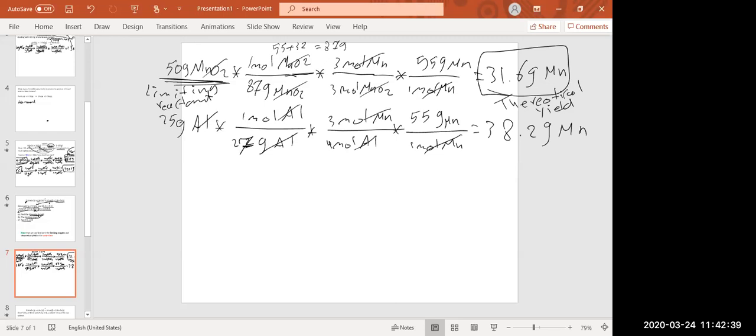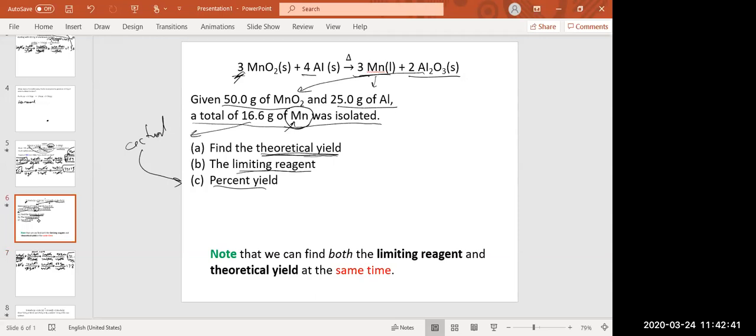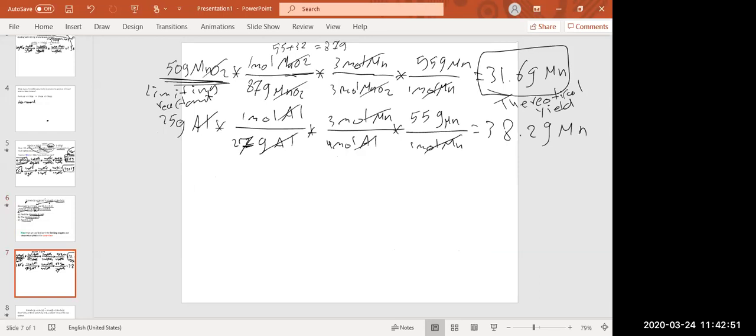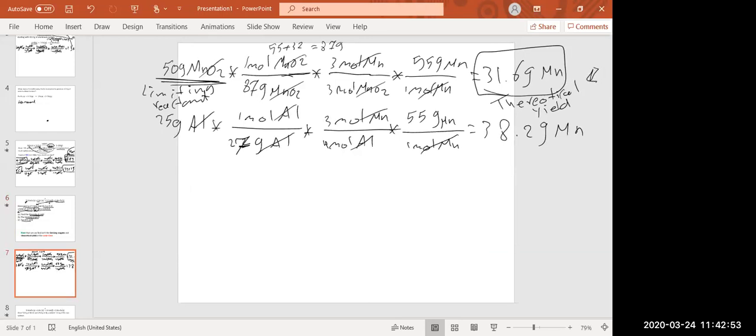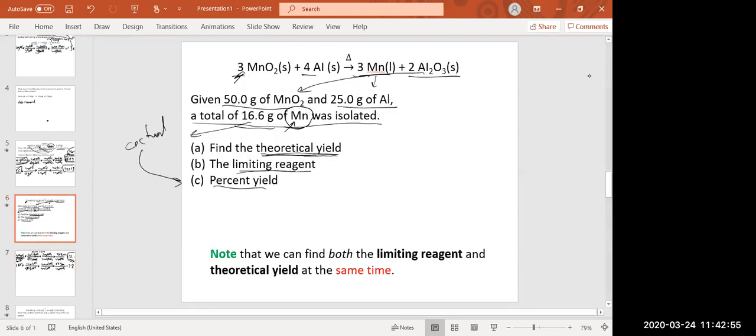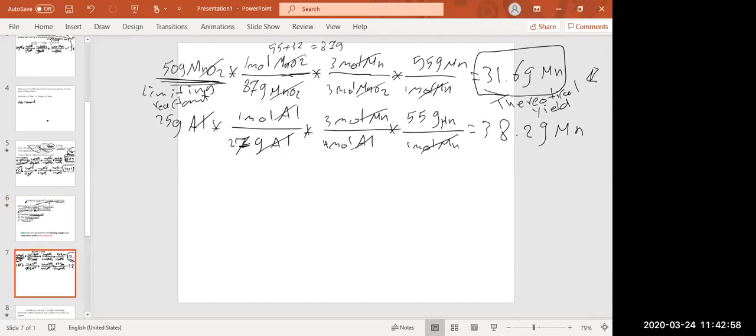Now they are asking for the percentage yield in part C. They give you the actual yield, 16.6 grams, and we calculated the theoretical yield here. So how will you calculate the percentage yield? The percentage yield is the actual divided by theoretical times 100.